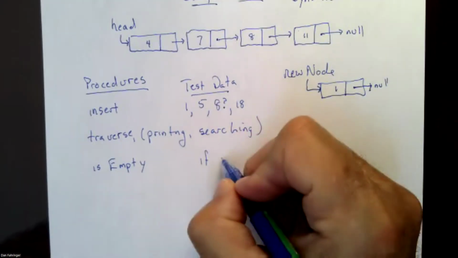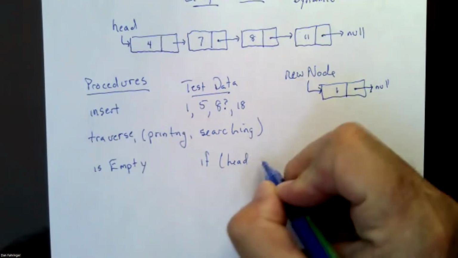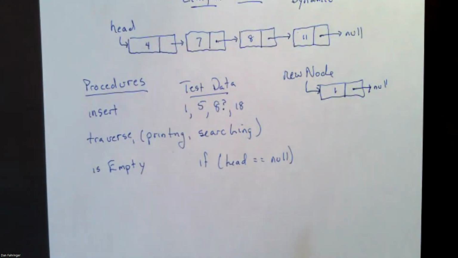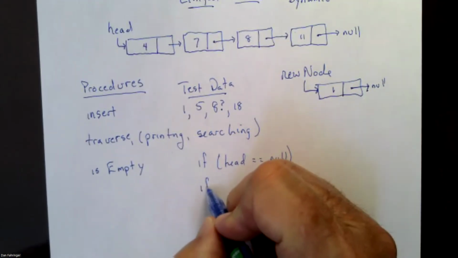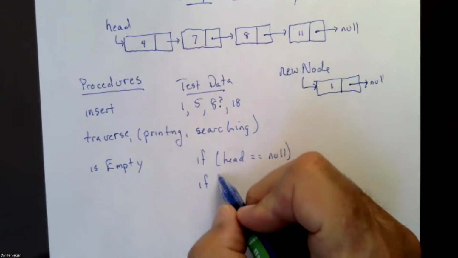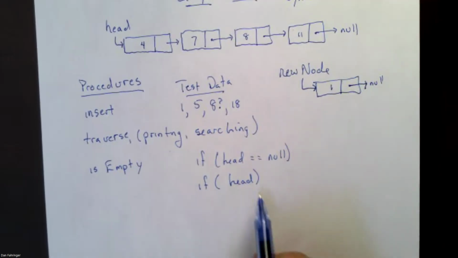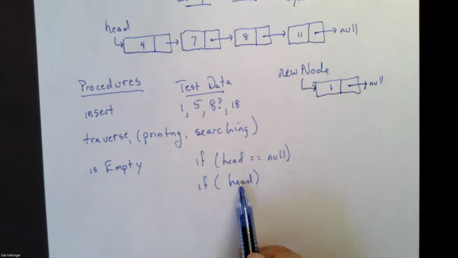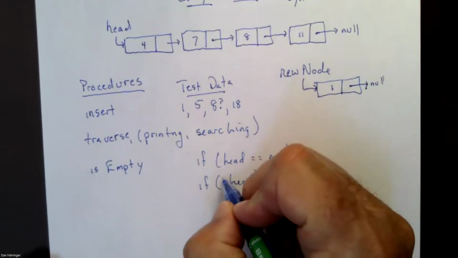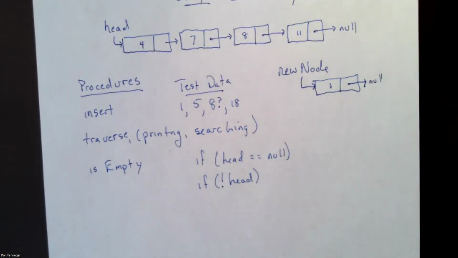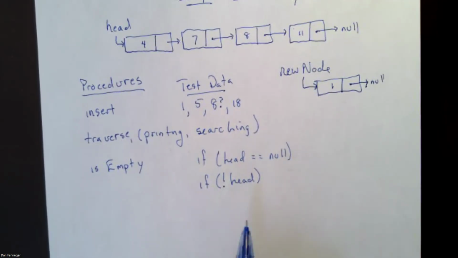Yeah, if head equals null or zero or false, or maybe I want to do this. If it's true, that'll help me to get in the loop, right? If there's something in there.